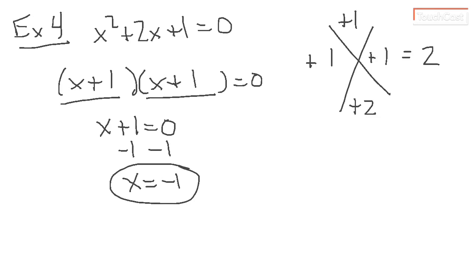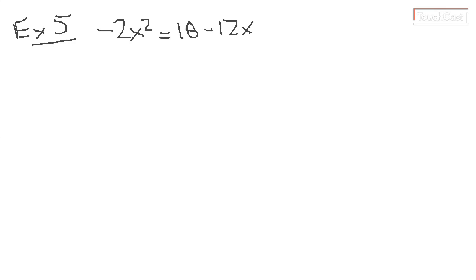So I've got two more examples. Example 5. We're going to have negative 2x squared equals 18 minus 12x. Now, I'm going to just move everything to the left side.